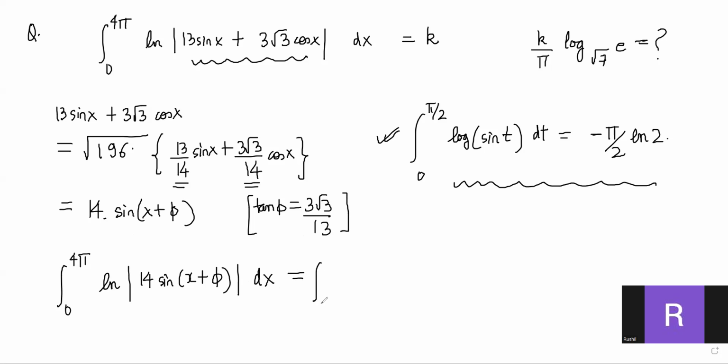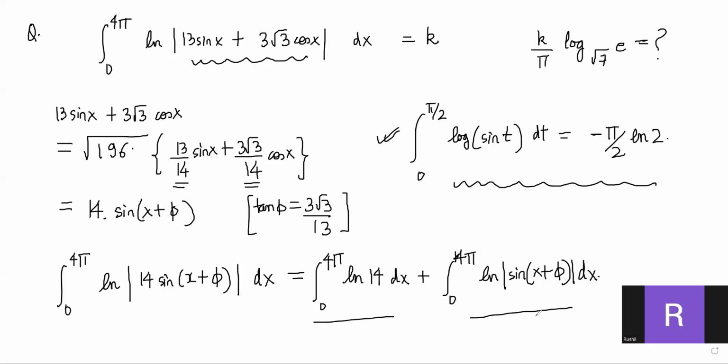So you split the log and it becomes ln 14 dx plus 0 to 4 pi ln sine of x plus phi dx. And now this part is obvious. It is becoming 4 pi into ln 14.